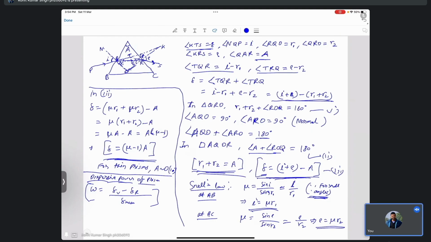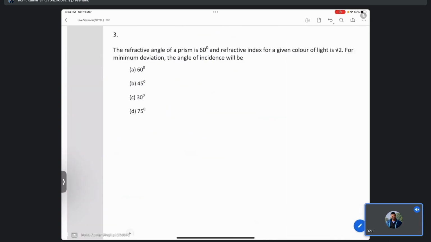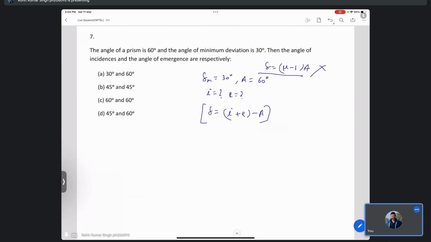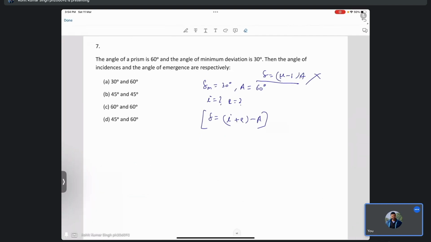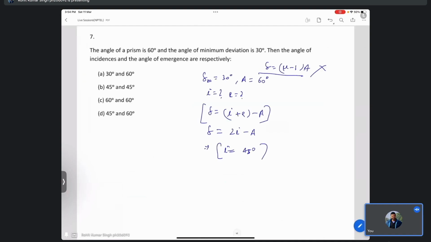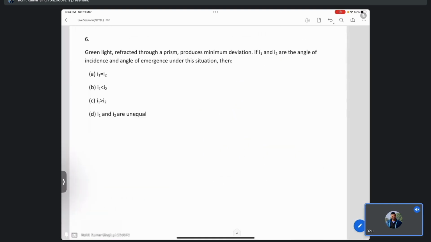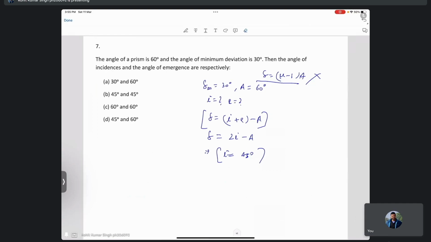And after that I assumed for small angles these conditions. So this formula is always valid, correct? So this I can use here. So delta equals 2I minus A, and we know the delta and A, so I will be simply 45 degree. Correct. So yeah, you see how important this formula is. This formula is very important.